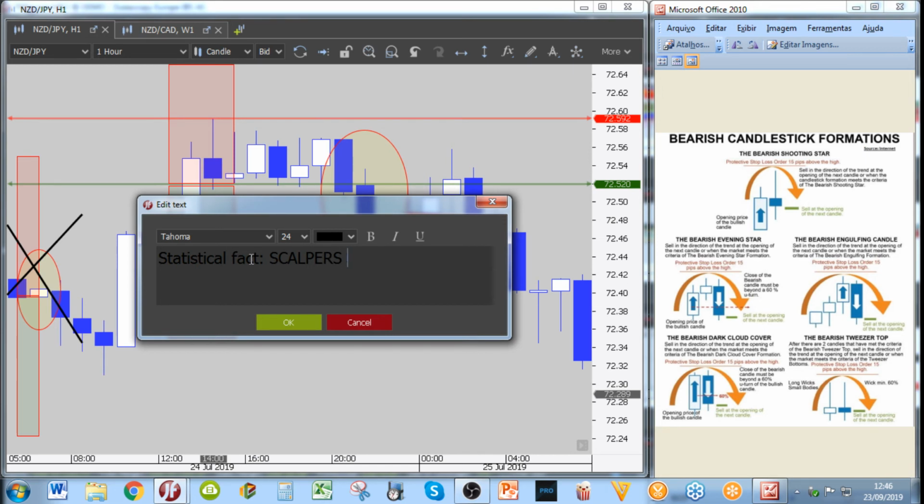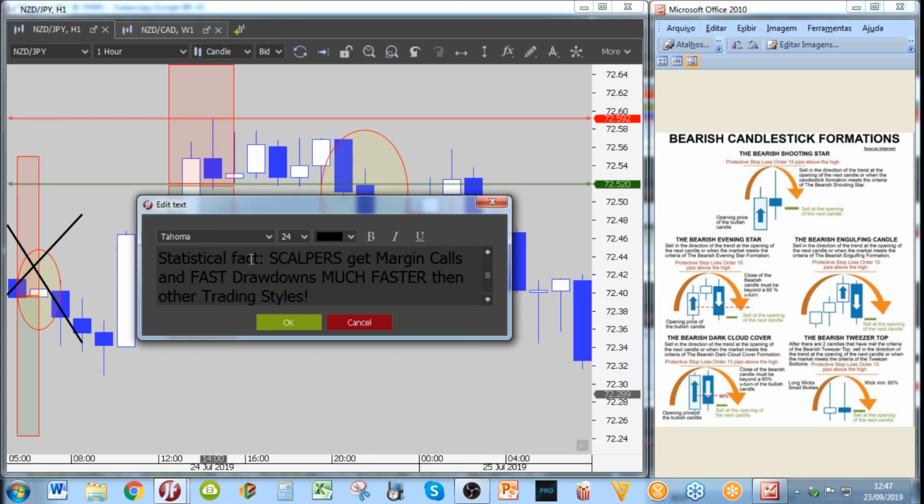Scalpers get margin calls and fast drawdowns, much faster, I'm going to use the word fast again, much faster than other trading styles.